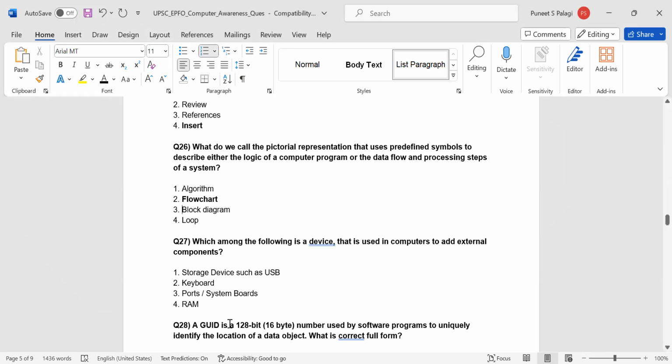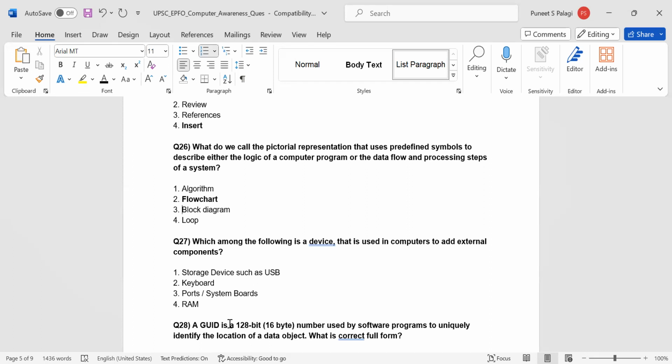So flowchart and algorithms are very necessary to write a program. Okay. They are very essential for writing a correct program. Algorithm or flowchart, you don't have to write both. You can write either algorithm or flowchart.